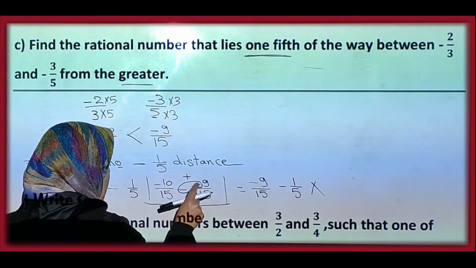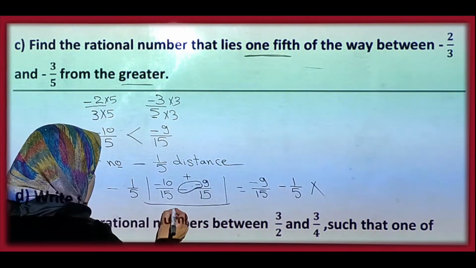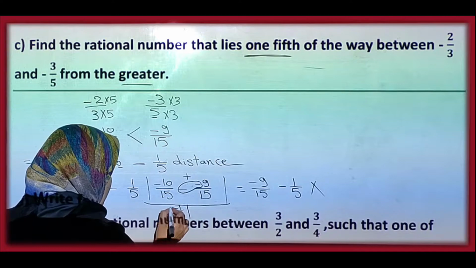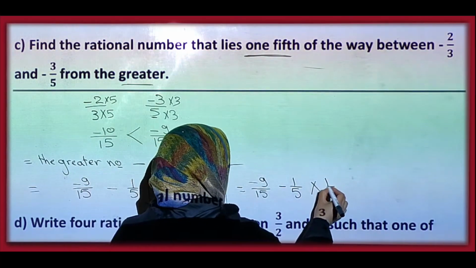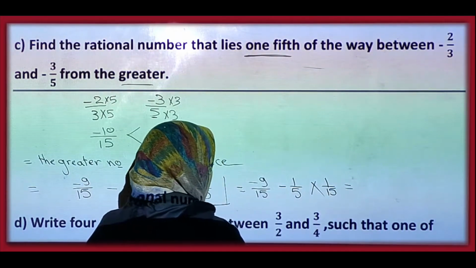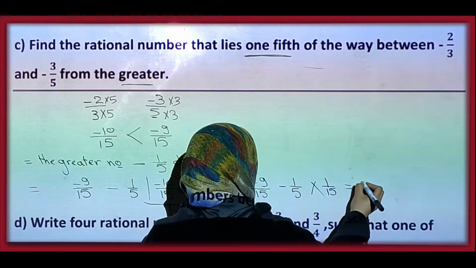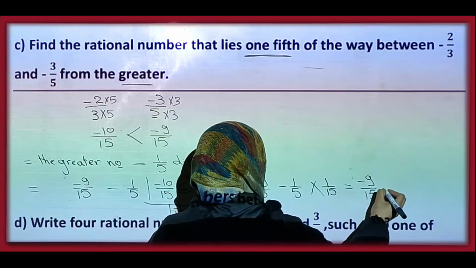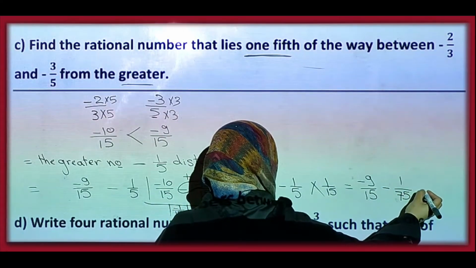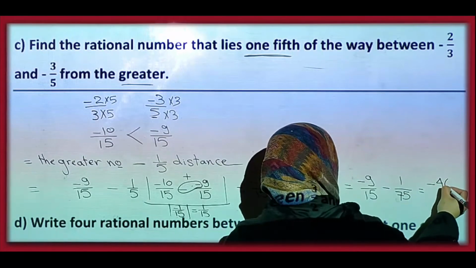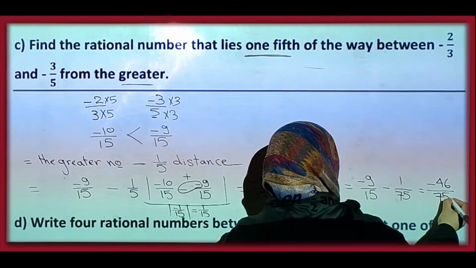Negative 10 plus 9 equal negative 1 over 15. The absolute of the distance equal 1 over 15, equal negative 9 over 15 minus 1 over 75, negative 46 over 75.